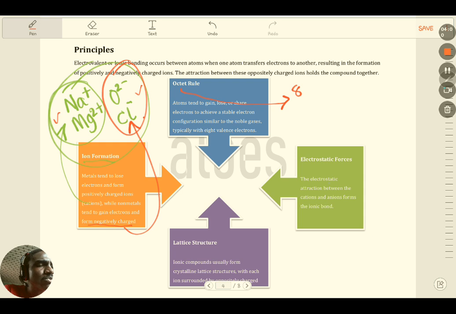The third principle we'll be looking at is electrostatic forces. The electrostatic attraction between cations and anions forms ionic bonds.